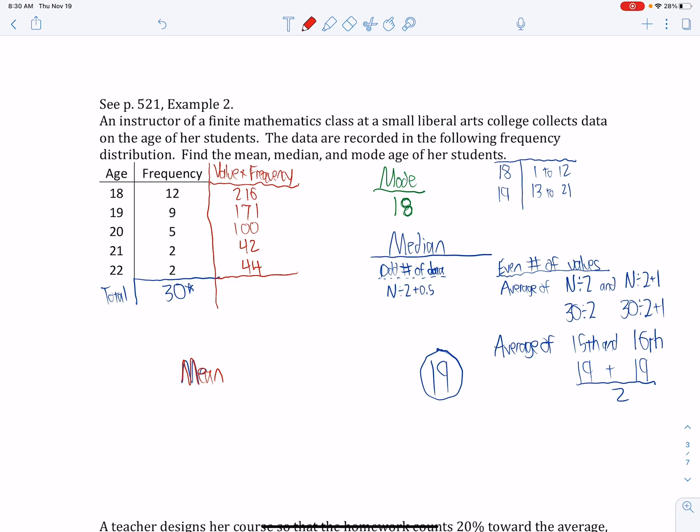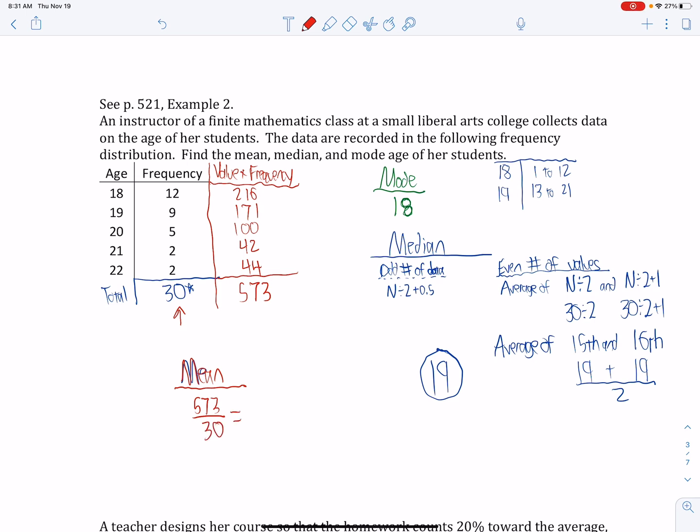And then we add up that column, 216 plus 171 plus 100 plus 42 plus 44, and we have 573. And then to find the mean of your data set, you take the total of that column, which here is 573, and we divide it by the total frequency, which was 30.